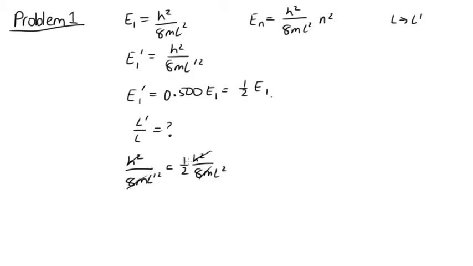And what we're trying to get is L dash on L. So let's put L dash squared on L squared. And we've got a half on this side, but if we multiply both sides by 2, we'll get rid of that half. Okay, so 2 is equal to L dash squared on L squared. So L dash on L is equal to the square root of 2, which is equal to 1.41. And there's no units because it's just a ratio of 2 lengths.